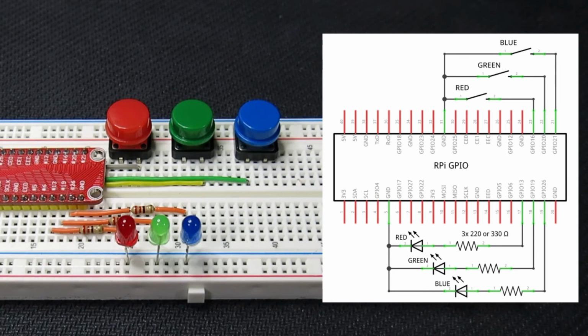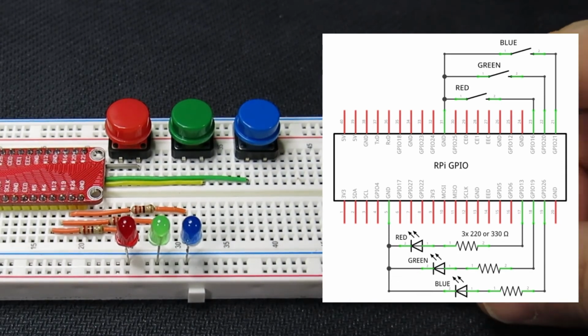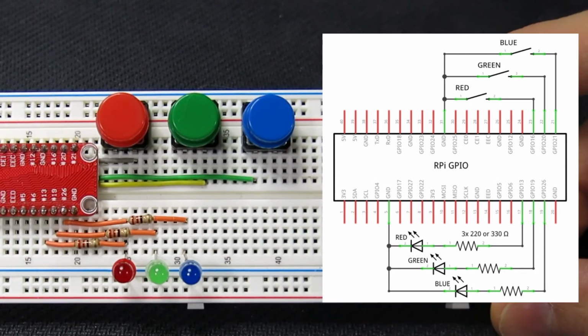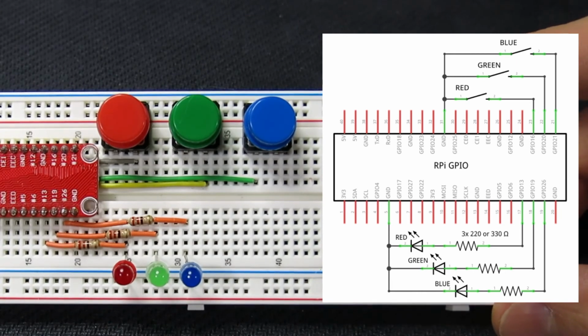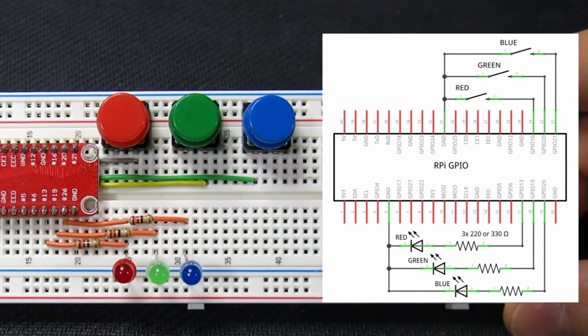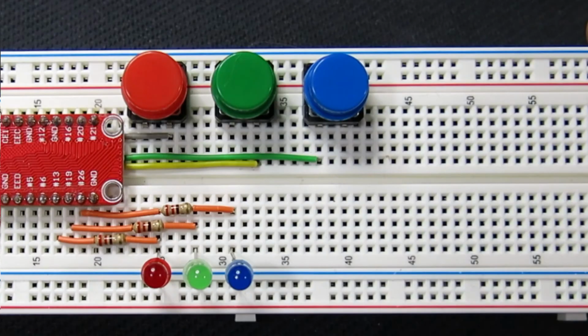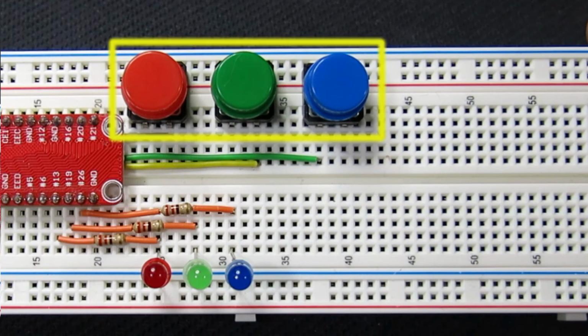I use pull-up resistors in this tutorial, mostly because I try to keep inputs and outputs on separate sides of the GPIO headers, and as it happens, there is no 3.3 volt pin on my button side.